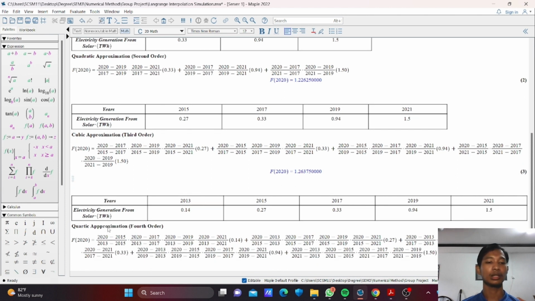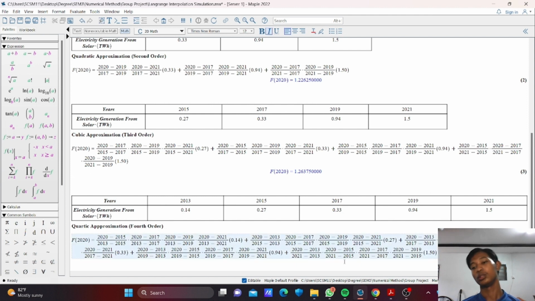Lastly, we have quartic approximation, which is the fourth order of Lagrange interpolation. We need five different data to solve this problem. So we just put the data into the formula of quartic approximation.